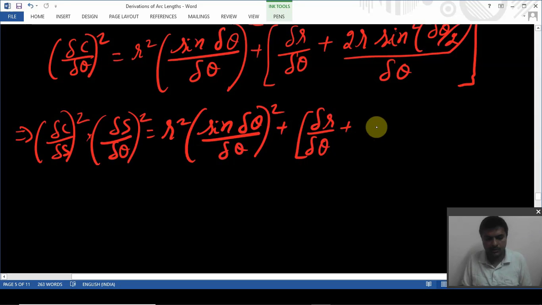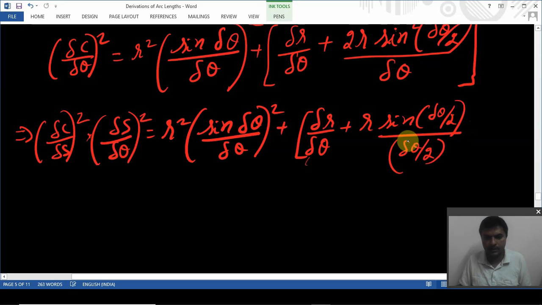Now here again simple modification I am going to do. 2 times delta r sine square delta theta by 2 is there. So for my simplification, and when I put the limits, that will be very easy. So therefore I just write it in this form, that r sine delta theta by 2 divided by delta theta by 2.